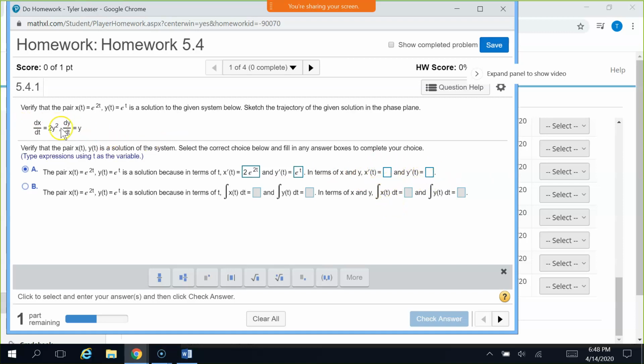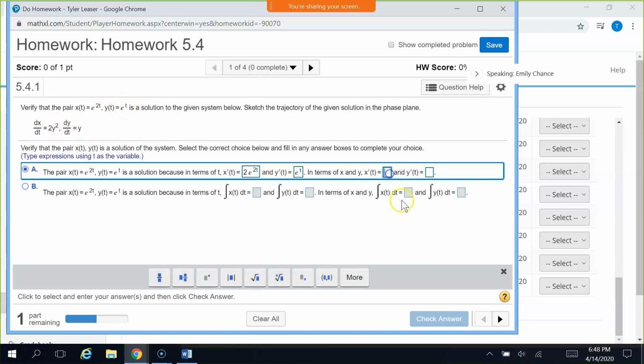Because 2e to the 2t for x prime is the same thing as 2 times y, which is e to the t, squared. So this is the same thing as 2y squared. And then y prime, which is e to the t, is the same thing as y.